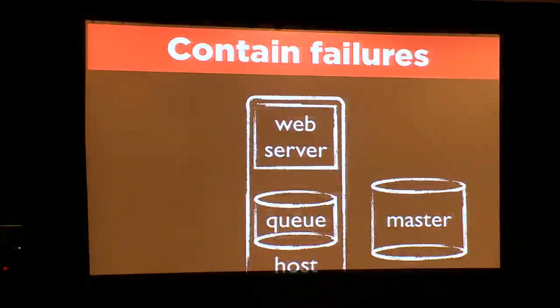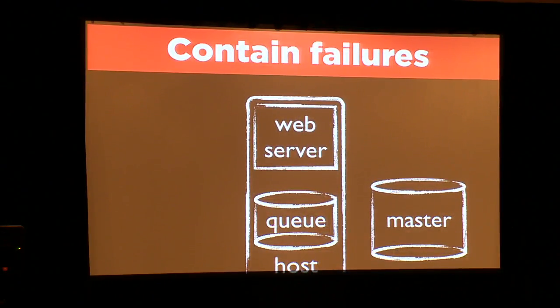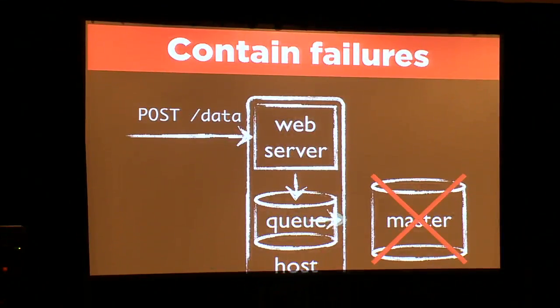To give you an example of that kind of isolation, you could have a web server that writes to a database. You could write to the database directly, but then in case that remote database goes down, your web server goes down as well. So you see that domino effect of one failure causing failures all over the system and making it unpredictable. Instead, you could use a local queue on the web server machine itself to enqueue the writes and dump them to the database asynchronously.